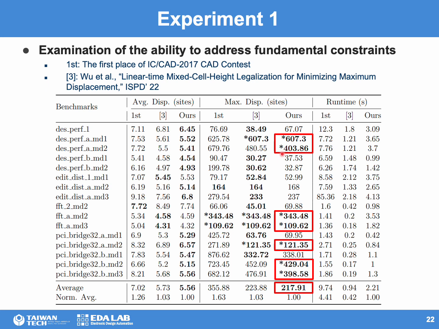In terms of runtime comparison, as we don't have access to the code of the other 2 approaches, the data is directly obtained from their papers. Admittedly, they use better hardware, and our runtime only lags behind the third reference. On average, our algorithm takes around 2 seconds to legalize a design, which we consider fully acceptable.